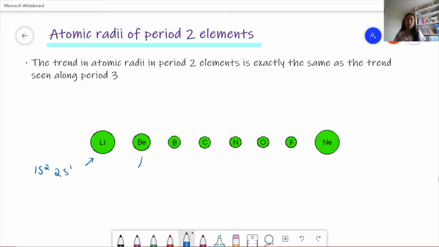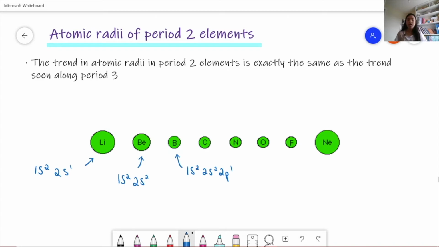And then for beryllium, we have 1 extra electron, so we have 1s2 and then 2s2. And then for boron, this is the start of our P subshell. So we have 1s2, 2s2, and then 2p1.